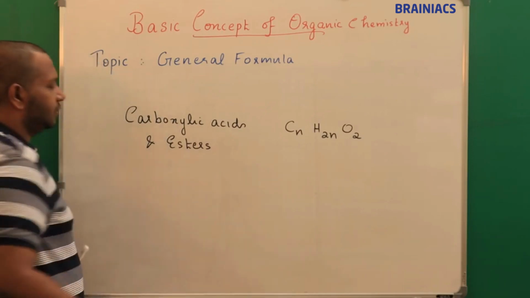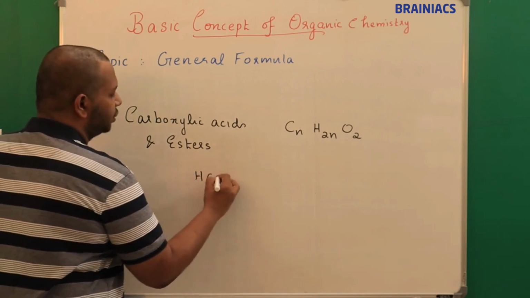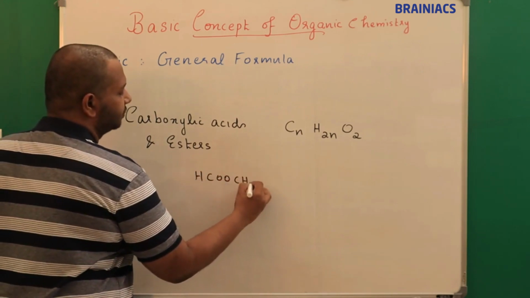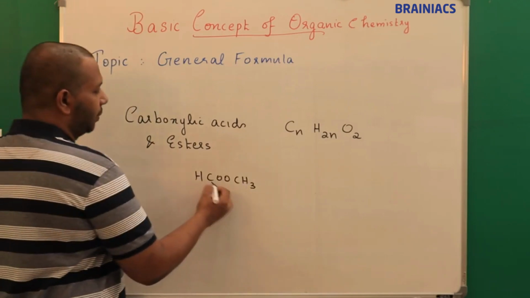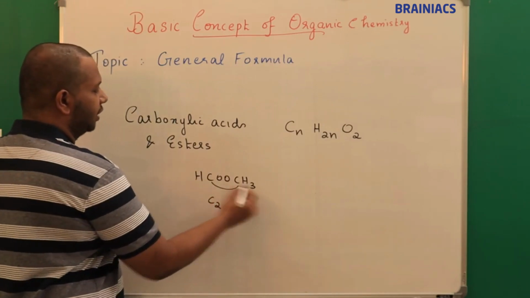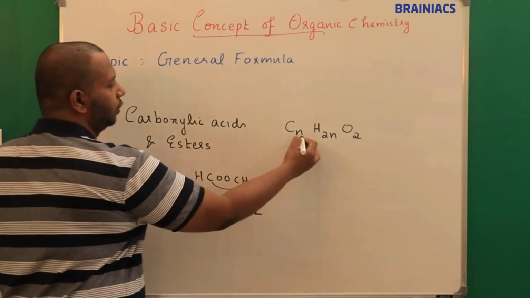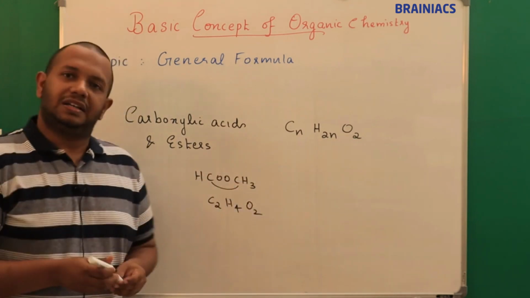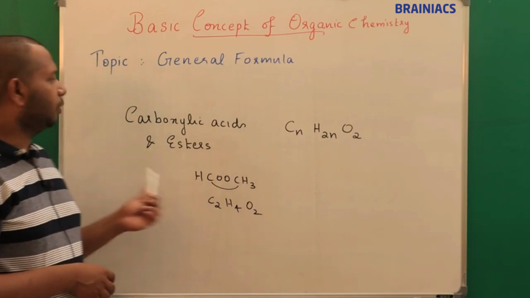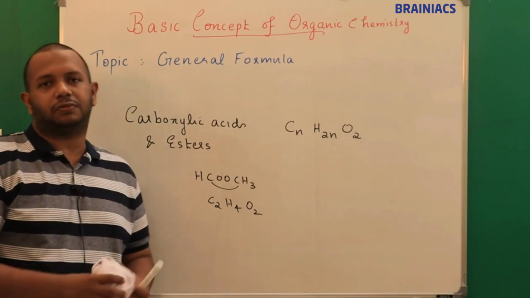One simple ester, for example, HCOOCH3. This is an ester. Correct? If you count the carbon atoms, 2 carbon atoms, C2, then the hydrogen becomes 4 and oxygen 2. So if I put 2 here, this becomes 4 and this becomes 2. So again the formula remains the same. That's why I told you carboxylic acids and esters are functional group isomers and have the same general formula.